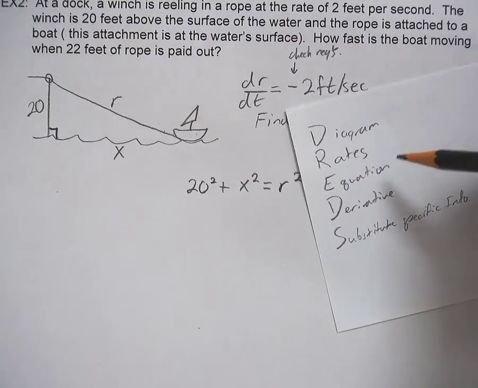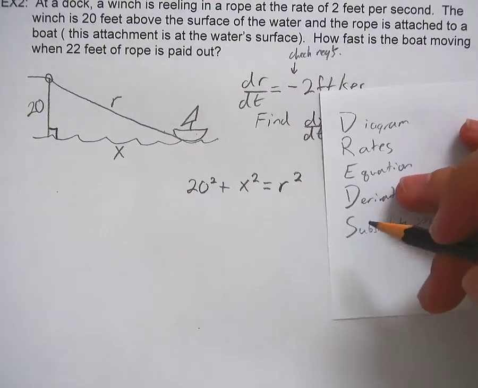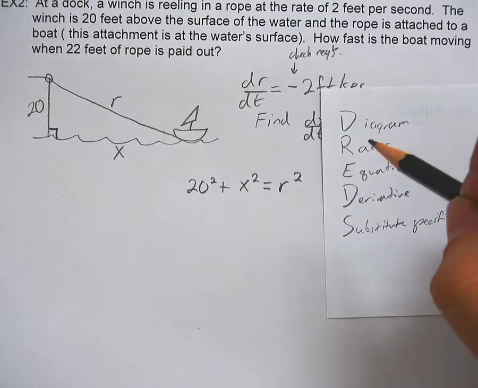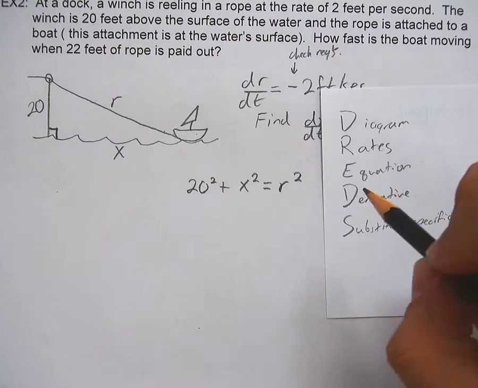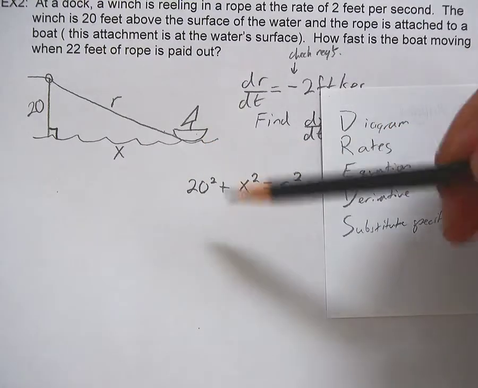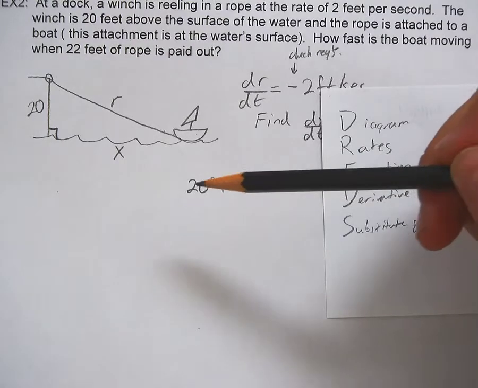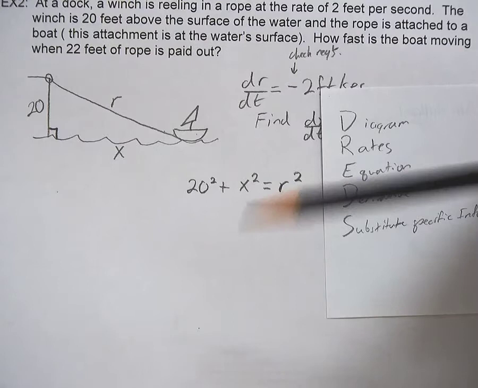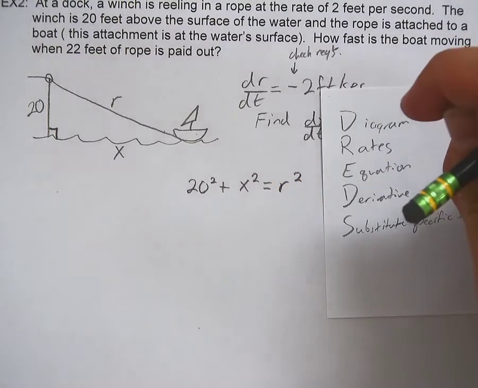When you go to find your equation, you are just looking for any relationship that applies to your situation. Any equation that applies to this situation will do. Now in this case, there is only one relationship that ties together the three sides of a right triangle, and that's the Pythagorean theorem.